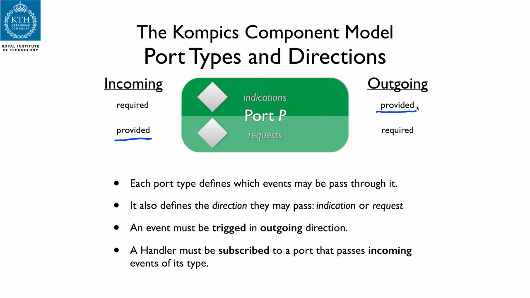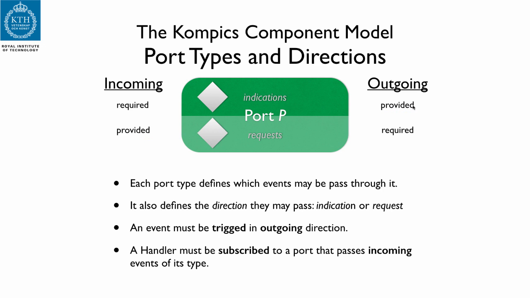All right. So one way to think about this is, if a component is providing the service of a port, then other components make requests to it. So requests are incoming, and it responds with indications. That's another way to think about it.